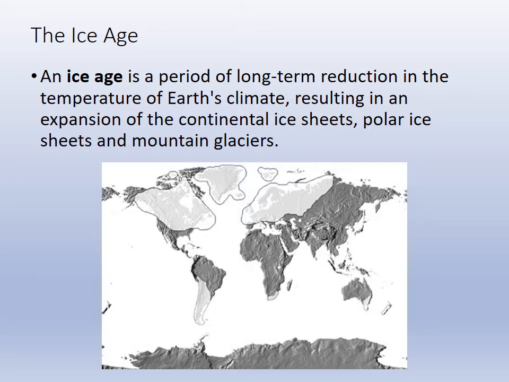They since retreated, but you can see that most of North America and most of Europe and parts of South America, Australia, and even Africa had huge glaciers. Sea level was 400 meters lower. As those glaciers melted, sea level rose.